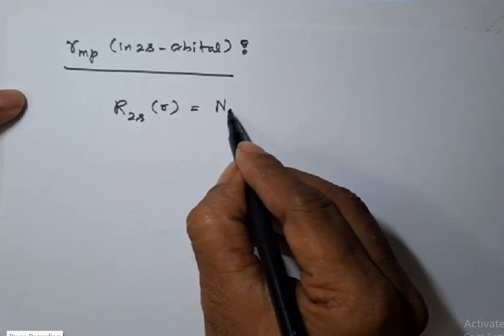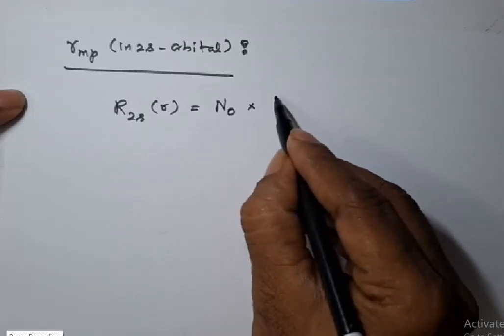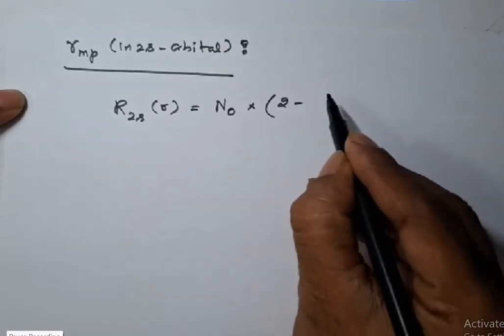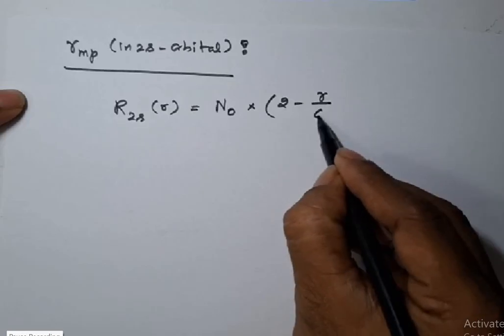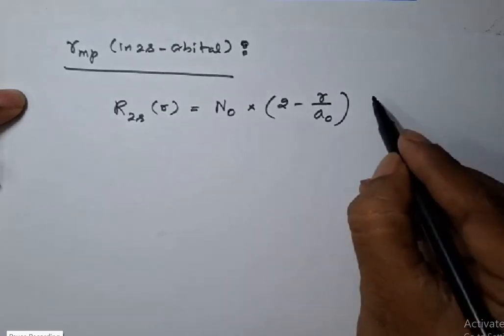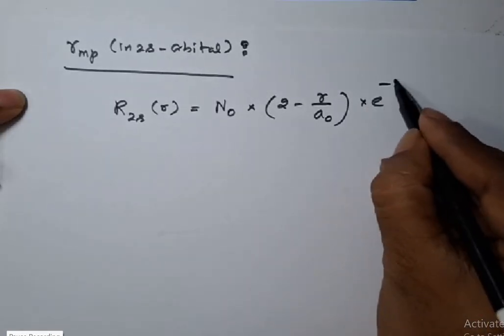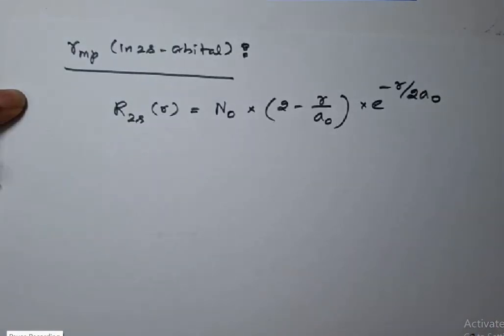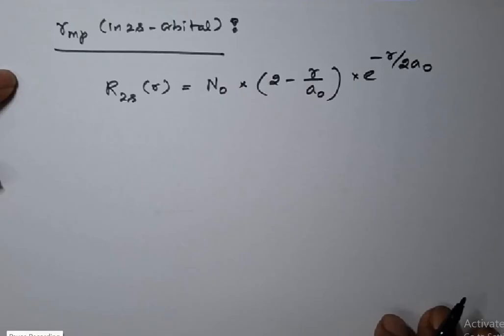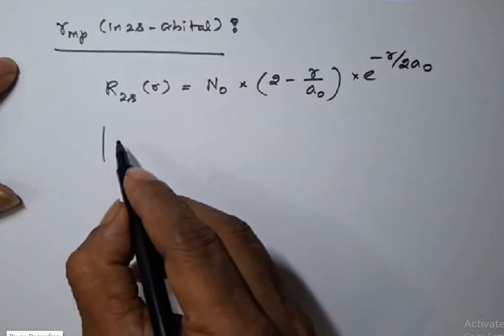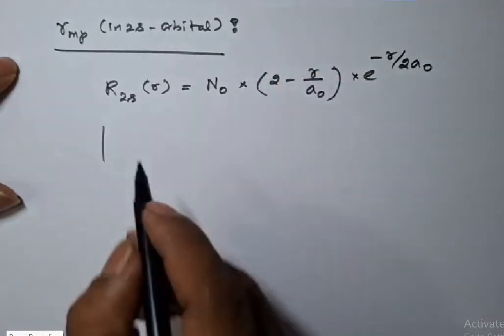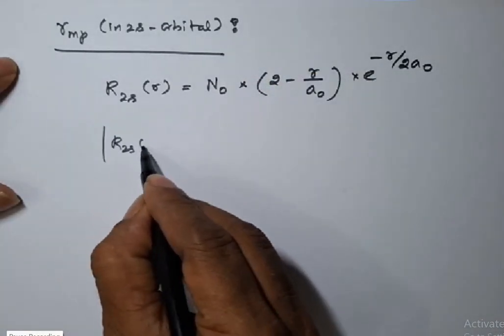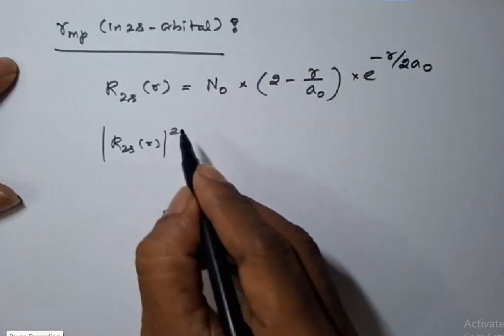Let me write this as n0 into (2 minus r by a naught) into e power minus r by 2 a naught. This is the radial part of the wave function for the 2s orbital. And if you take the square, there is no imaginary part, so we can take the square to get the probability.